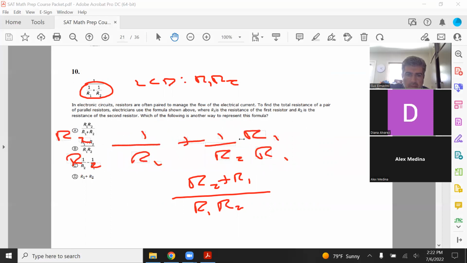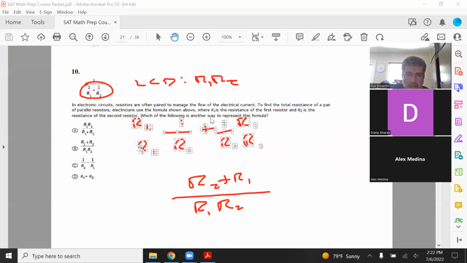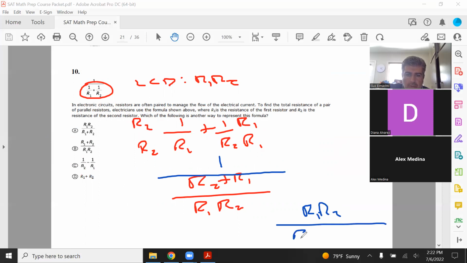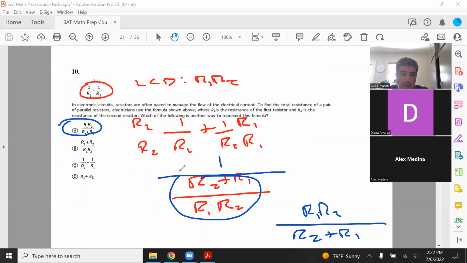So that's going to be R1, R2 over R2 plus R1. And that's why you get A. Whenever you have a fraction on the bottom of a bigger fraction, you flip that bottom fraction over. It's like saying 1 divided by R2 plus R1 over R1, R2, and 1 by itself is 1 over 1. So you're dividing two fractions. We always flip the second fraction, right? And that's what you get.